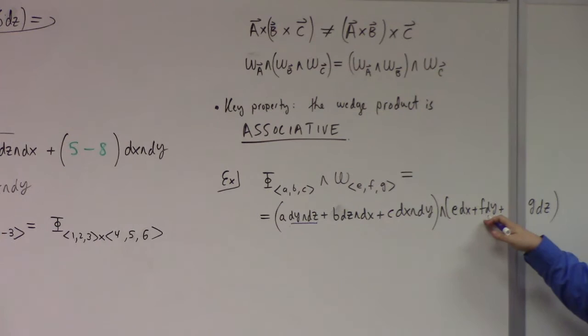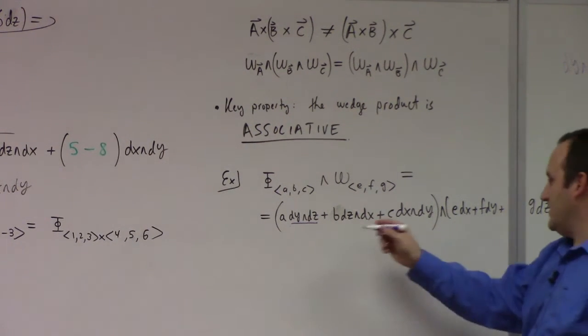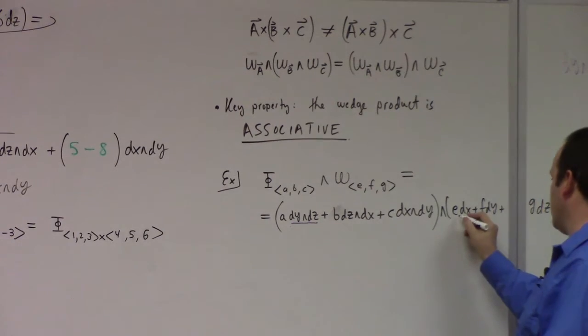You get dy wedge dz wedge dy, which is equal to minus dz wedge dy wedge dy. But this is 0. Fun fact, the wedge product of 0 is 0. Sad. Okay, so in other words, the only thing I actually have to care about is this one.